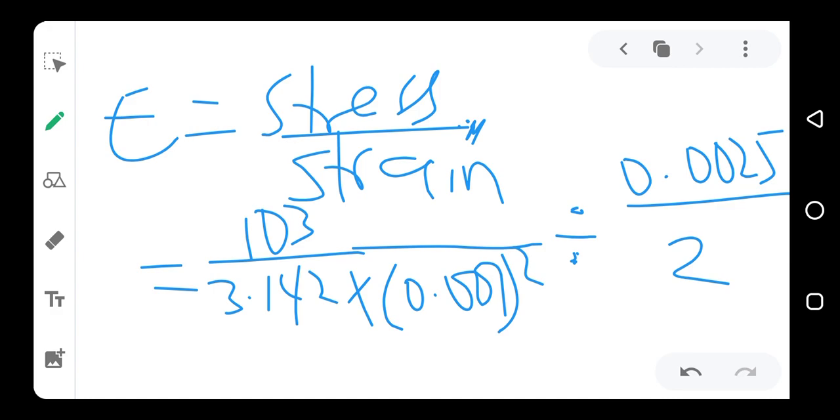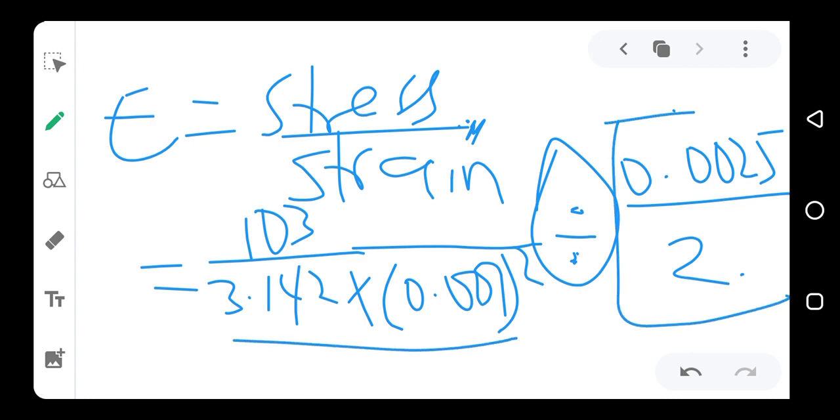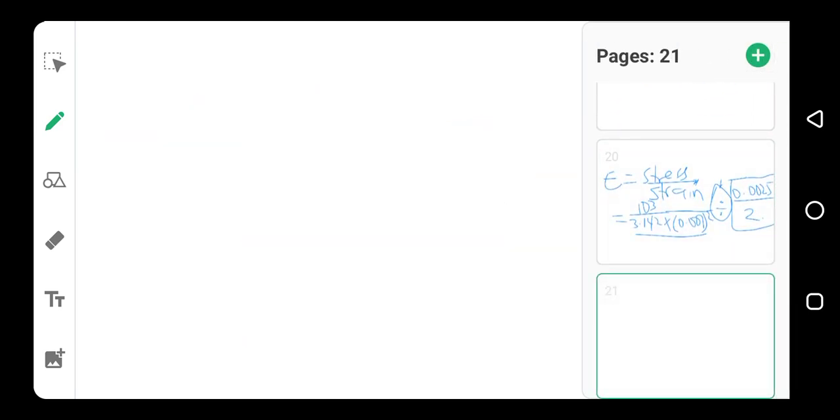Now when we have two fractions being divided, we can change the main division sign to multiplication, and then invert the second fraction. To invert it means that the one that is under, we bring it up, and the one that is up, we bring it down. This first one will remain the same, but this one, we invert it when we change the division to multiplication, and that means that we have 2 over 0.0025.